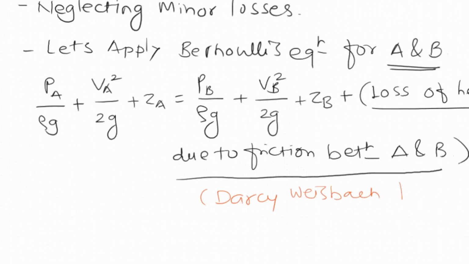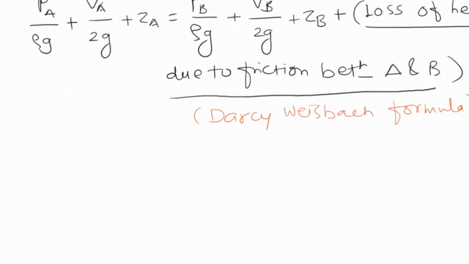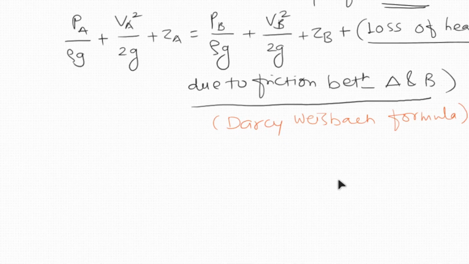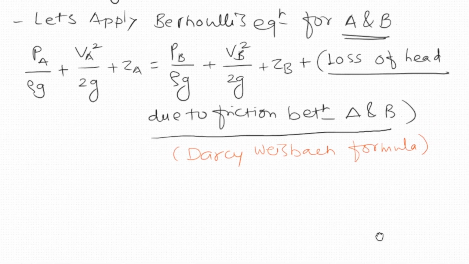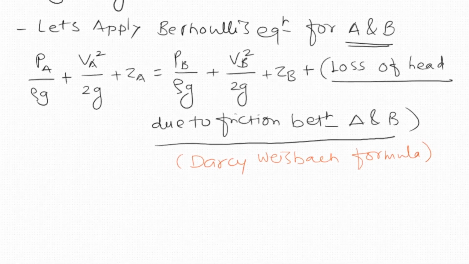Understand, friends? If the information related to the minor losses is given, then we need to find the minor losses also. But in this numerical, those are not given, so that's why we need to apply the Darcy formula.